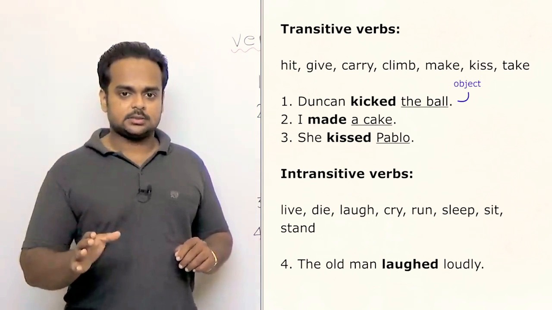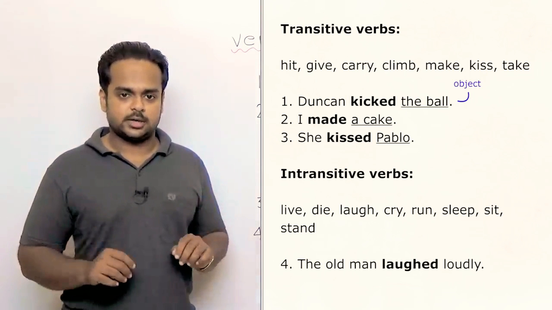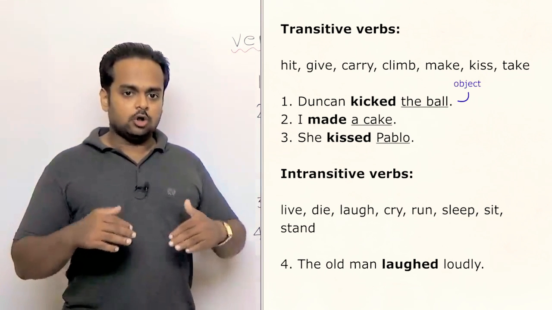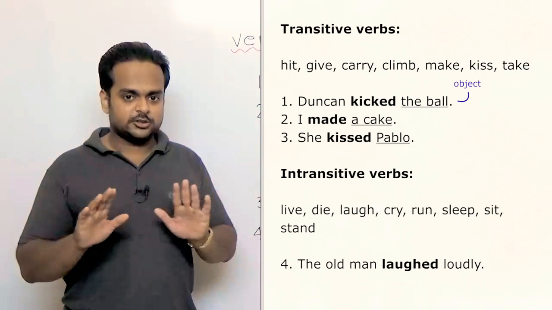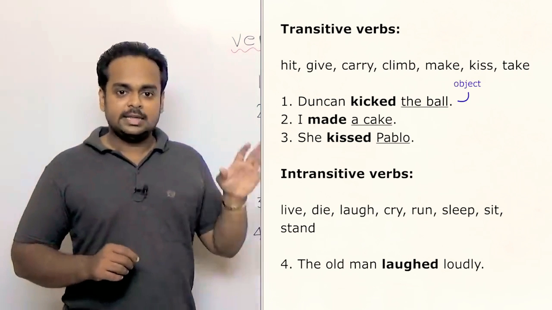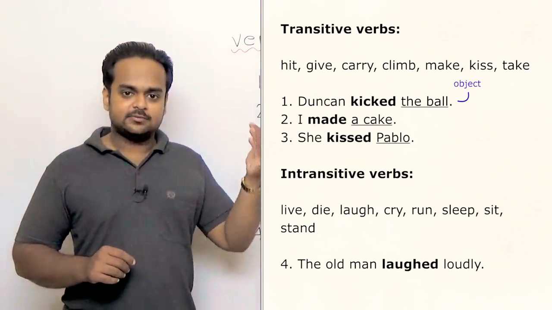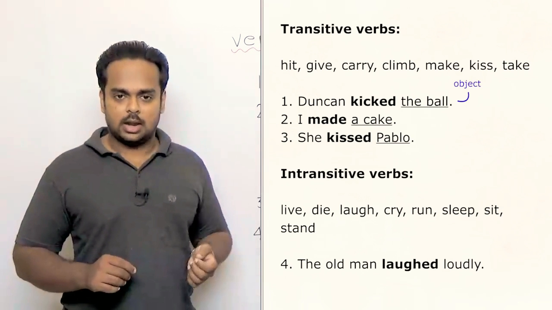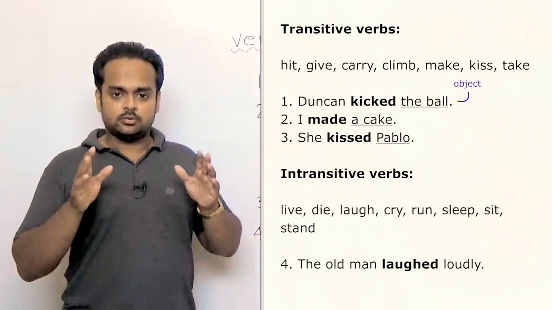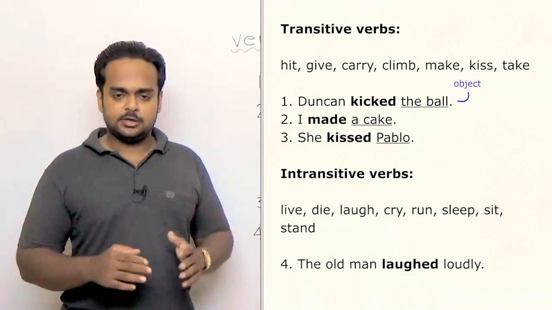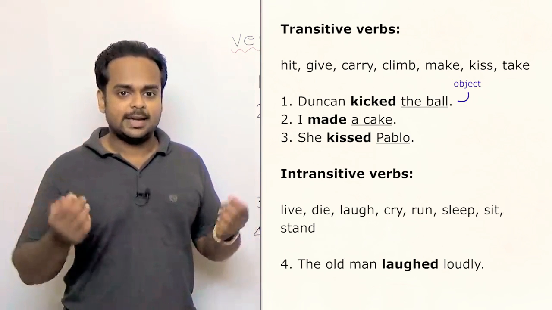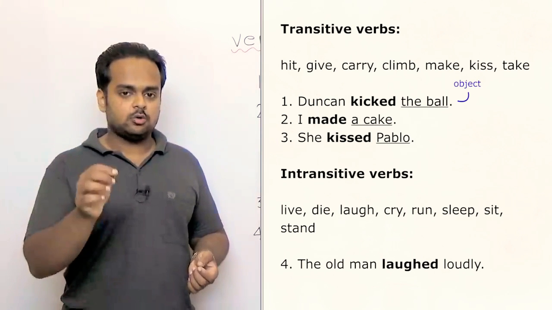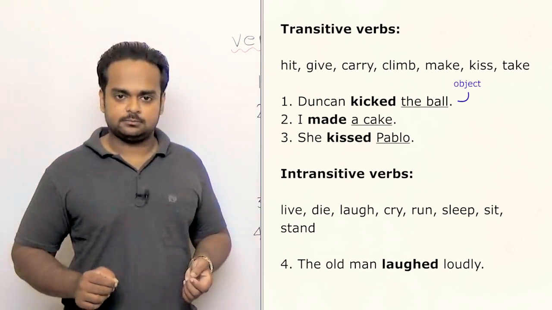Notice that in this sentence, there is no object. We're saying the old man laughed, but then "loudly" is not a person or thing receiving the action. That's just an adverb that gives us information about laugh. So if you ask the questions, "The old man laughed who?" or "The old man laughed what?" you will get no answer. That's how you know that that verb is intransitive.